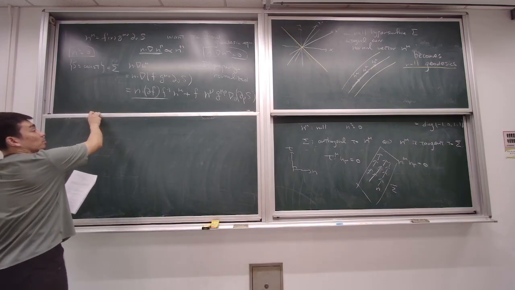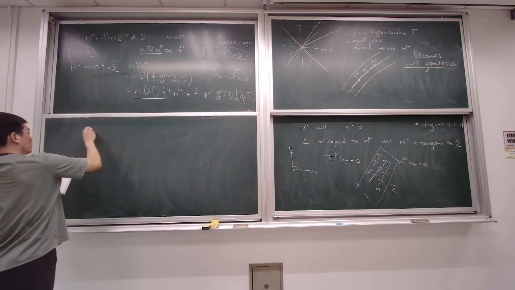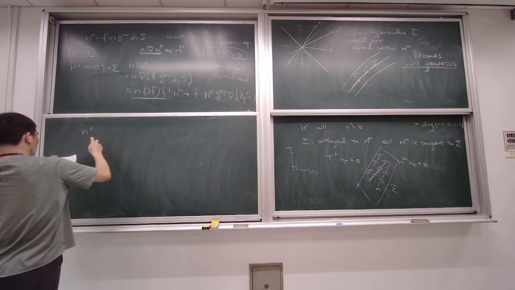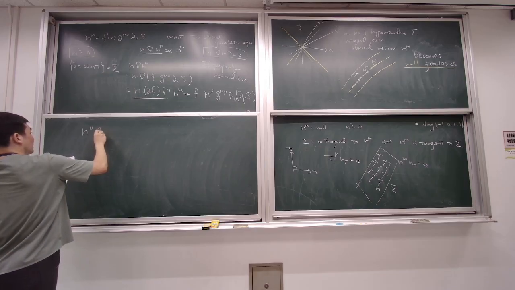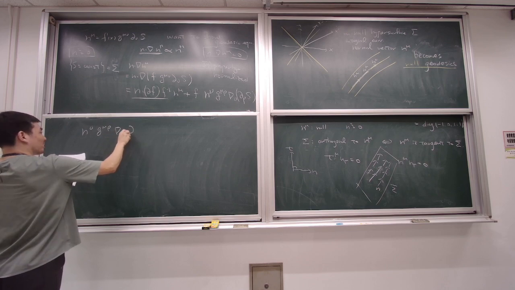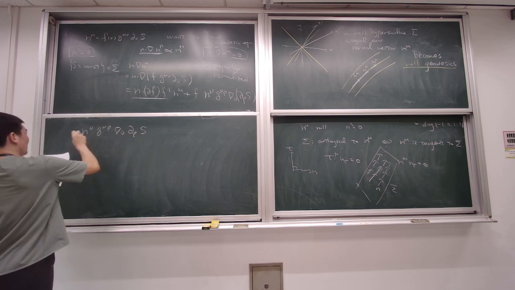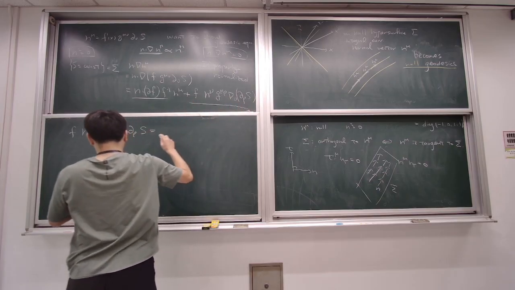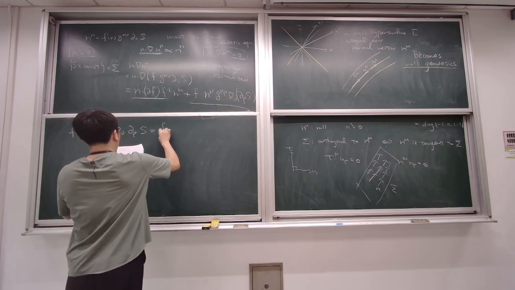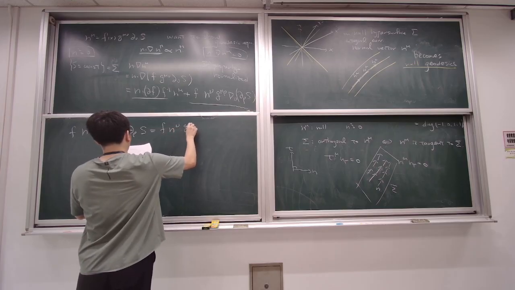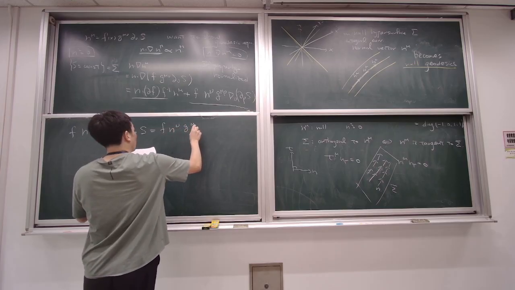Okay, the second term is in fact n nu g mu rho del nu del rho s times f, right? The second term, I just write down, is equal to f times n nu g mu rho.